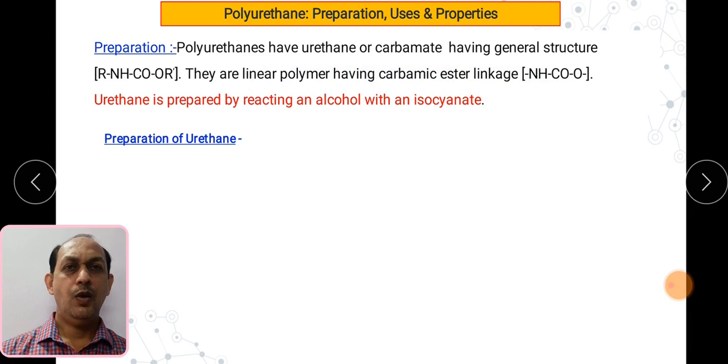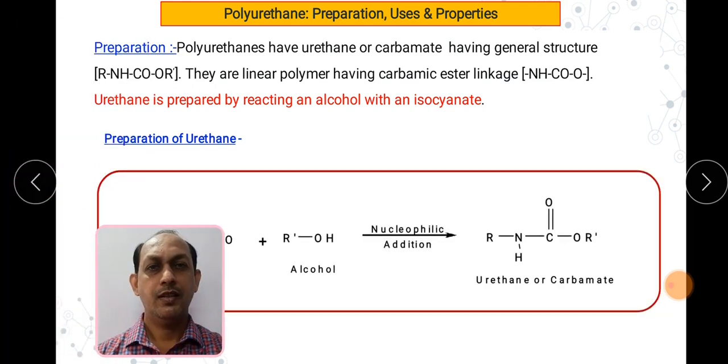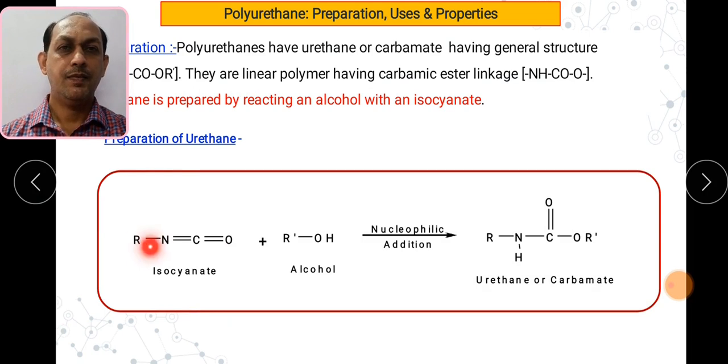First we will see how a urethane can be prepared, then we will see how the polyurethane can be prepared. Urethanes are prepared by the reaction of alcohol with an isocyanate. So let us see the reaction. Isocyanates have the structure R N double bond C double bond O. When this reacts with alcohol, a nucleophilic addition takes place. The OH group attacks this carbon, as we know this carbon is electron deficient.